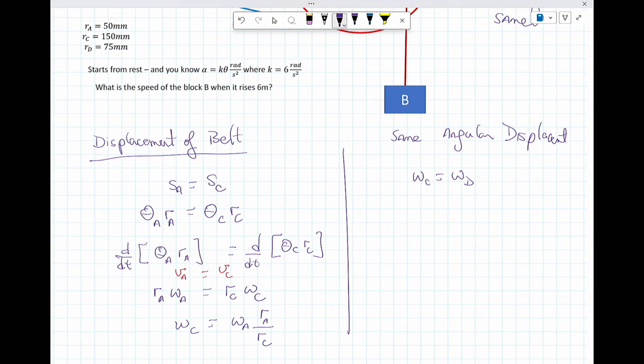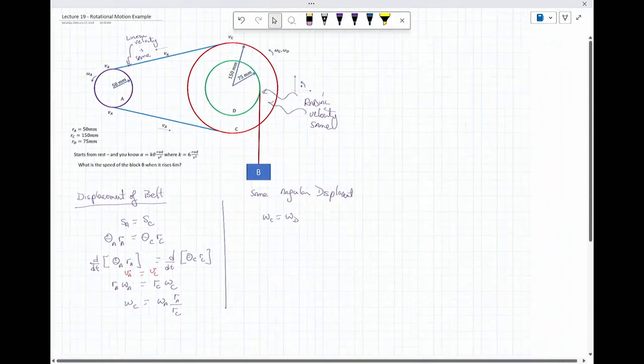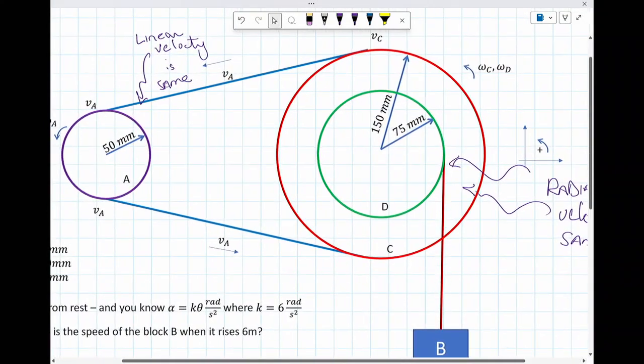However, if I look at the other part of the system here, C and D are rotating, and both of them are pinned at the center, and they have the same angular velocity. So omega C and omega D are the same. The velocity of C and the velocity of D are not.